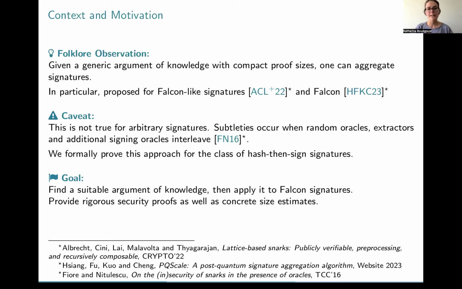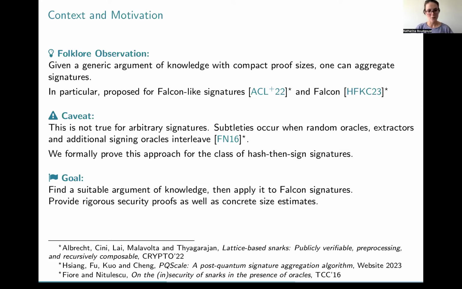In particular, this folklore observation was proposed for Falcon-like signatures and for Falcon explicitly before. But it was mostly sketched and rarely detailed out rigorously. The first caveat I want to say here is that this folklore observation is not true for arbitrary signatures. There are technical subtleties that occur if you mix random oracles with knowledge extractors and additional signing oracles.